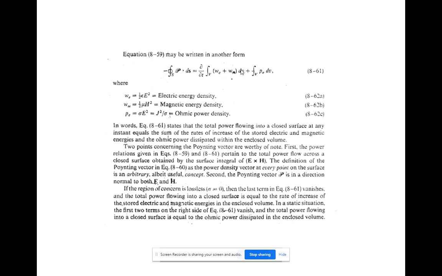This is the concept of the Poynting vector, which will be normal to the direction of the electric field and magnetic field.